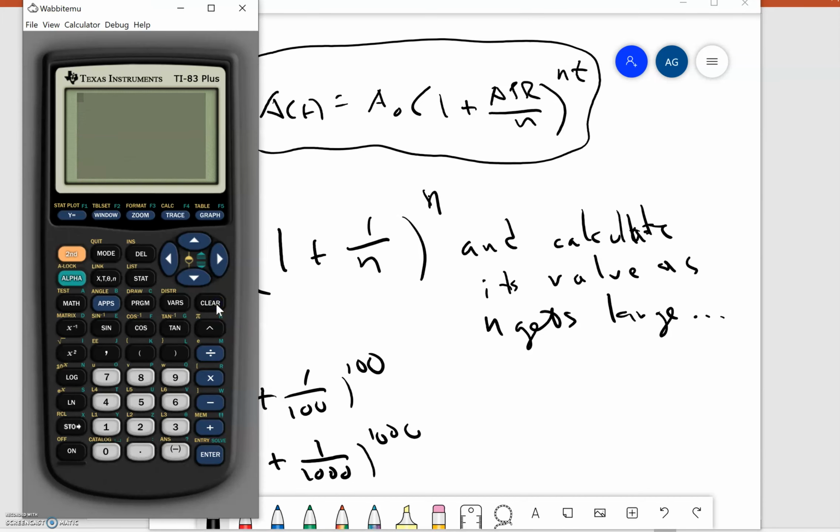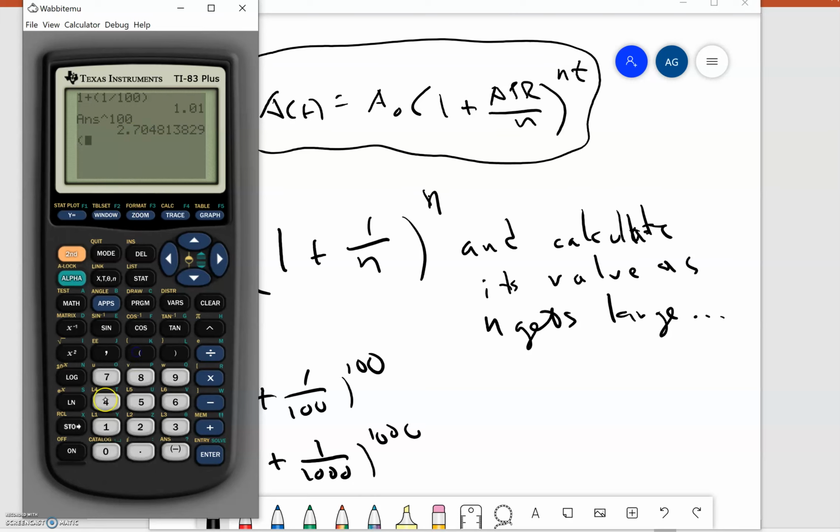So let's start off with 100. So if I do 1 plus 1 divided by 100, and then I raise that to the 100th power, I get 2.704. Now you might see where I'm going here with this. Now let's try it for 1,000.